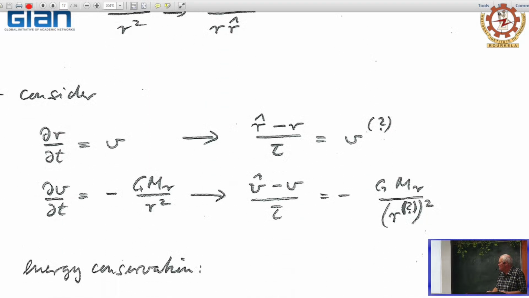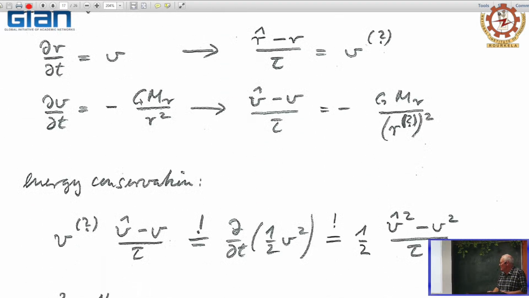Let's do it on the blackboard, it's perhaps better. We have v times dv by dt. By definition, dv by dt is v hat minus v over tau.